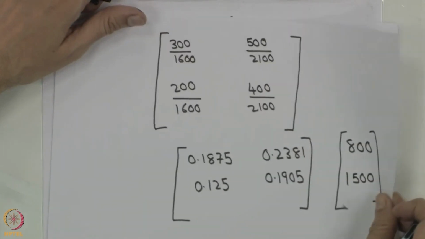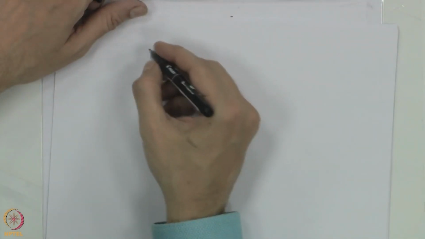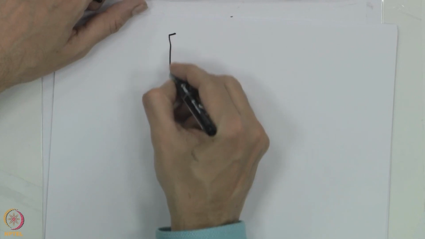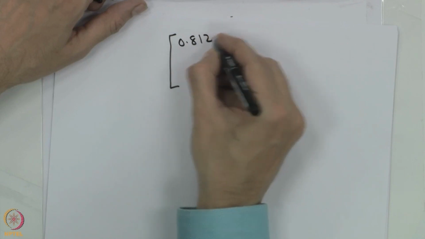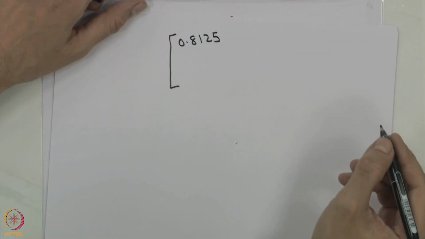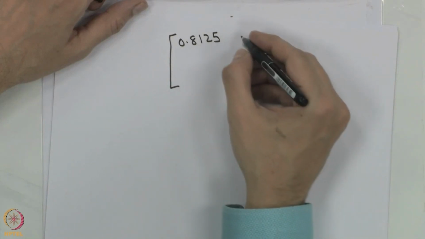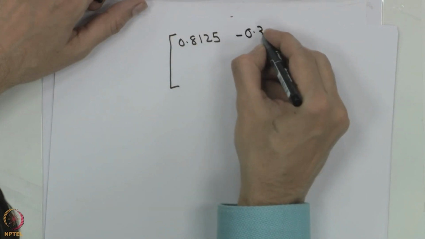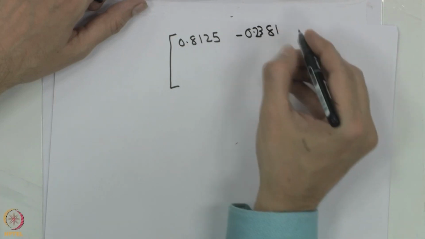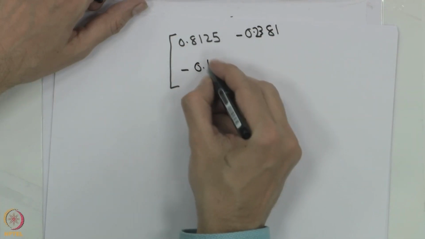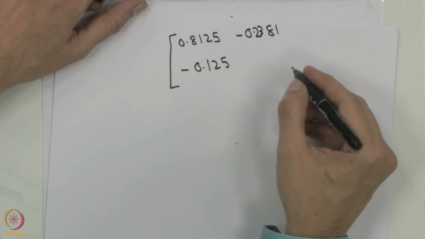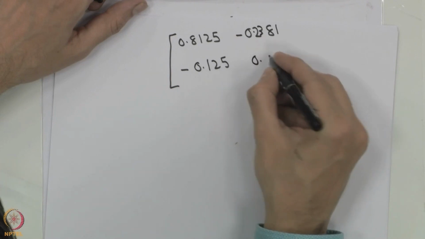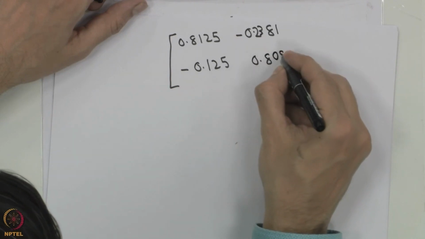Now when we look at this A matrix, we can calculate I minus A. I minus A becomes 1 minus 0.1875, which is 0.8125, minus 0.2381, minus 0.125, and 1 minus 0.1905, which is 0.8095.